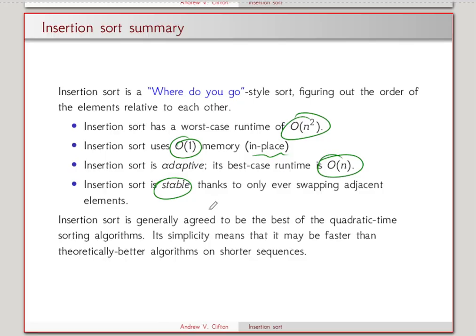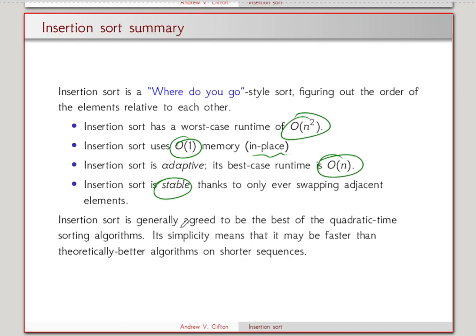Insertion sort is usually agreed to be the best of the quadratic time sorting algorithms here. So it's kind of the fastest in practice. For small sequences, remember that the big O only applies when n is big enough here. So if you have a small sequence, insertion sort may actually be faster than some of the other algorithms that we're going to look at later that are theoretically better here.